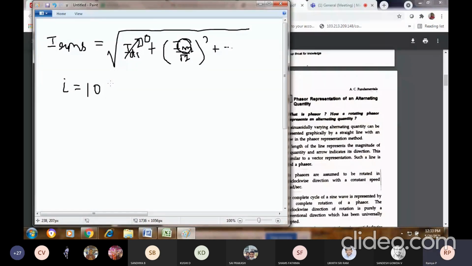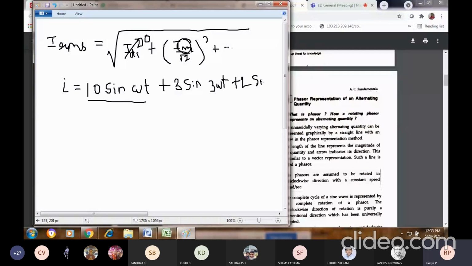This is my first component of current, and the second component of current is 3 sine 3 omega t, and the next component is 2 sine 5 omega t. I'm not able to write, I don't know what is the problem. So this is the equation.